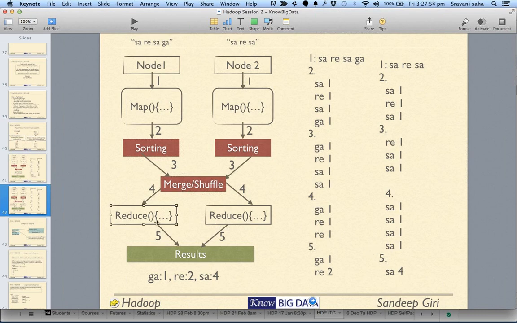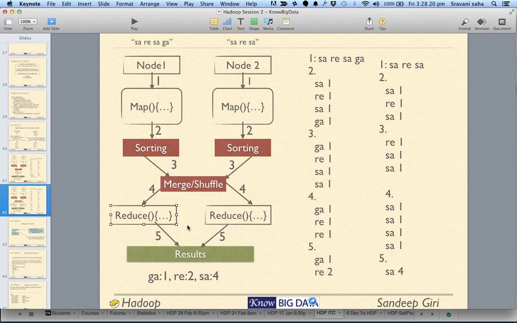Basically, if you have two reducers and say there are 10 keys and each key has some values, some of the keys will be sent to the first reducer, some of the keys will be sent to the second reducer.